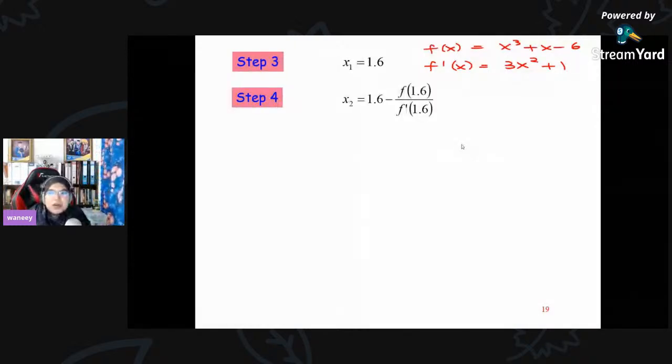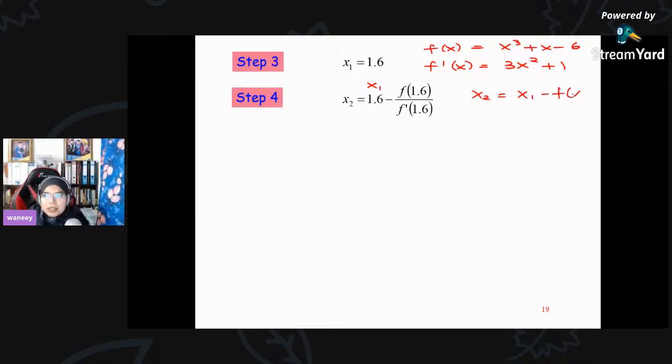Okay, so what is x2? x2 is x1 minus f(x1) over f prime of x1. So let me write down the formula for you. So x2 is equal to x1 minus f(x1) over f prime x1. Every time you see the x in f, you should replace all the x with x1, or over here we have 1.6.